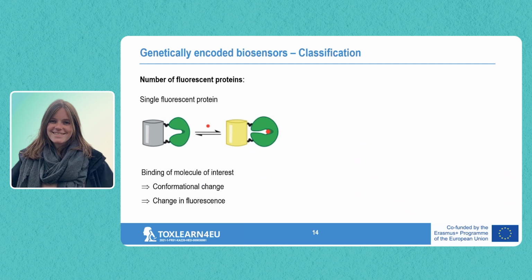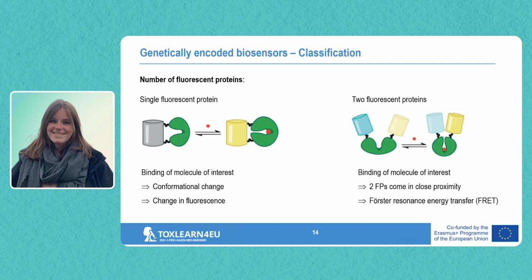It's this red dot, let's say, is hydrogen peroxide, so a type of reactive oxygen species. What will happen is it will bind here to the sensory module. And then the sensory module will somehow induce a conformational change, so a change in the structure of the fluorescent protein. And because of that, the fluorescence will change.